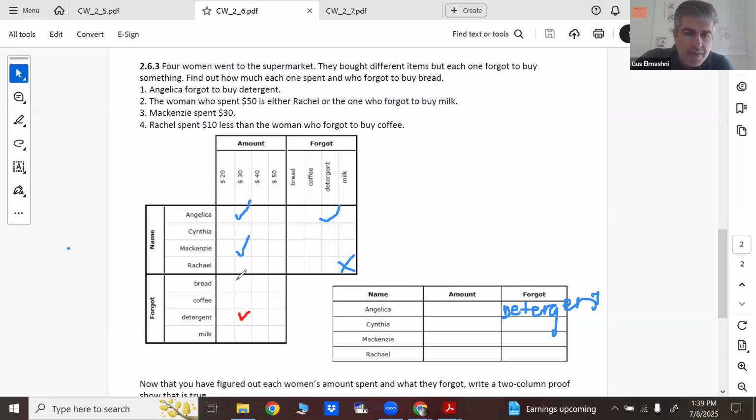Never mind, that does make sense. Does that mean Rachel spent $20? Oh, Mackenzie spent $30. Hold on, I'm confused now. Angelica did not spend $30. Oh, okay. We know there should be an X here.